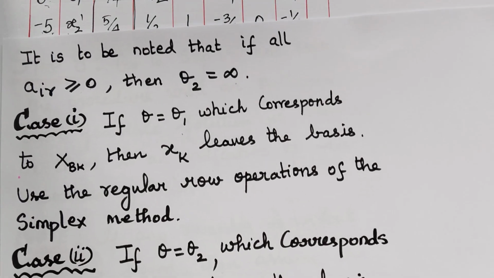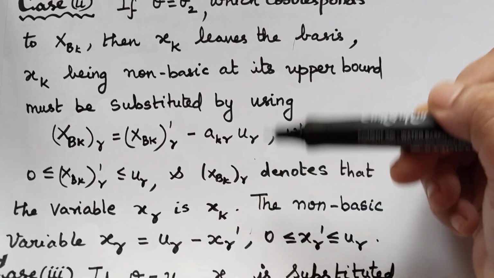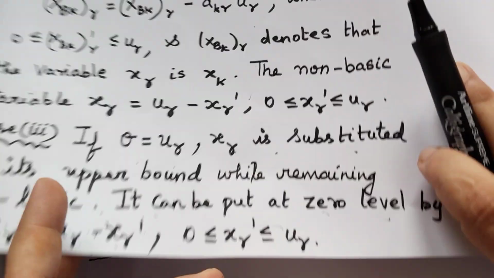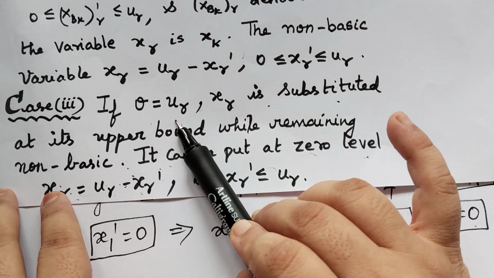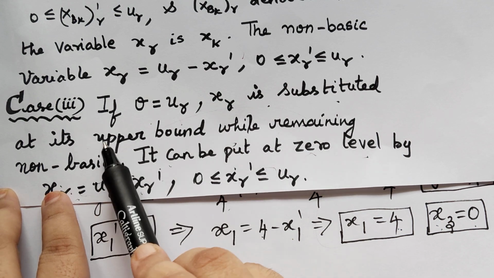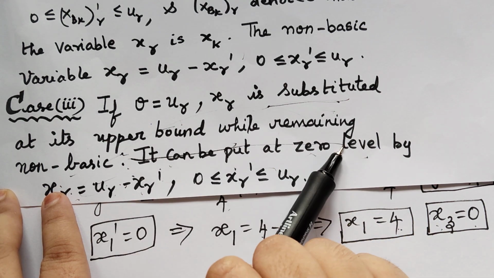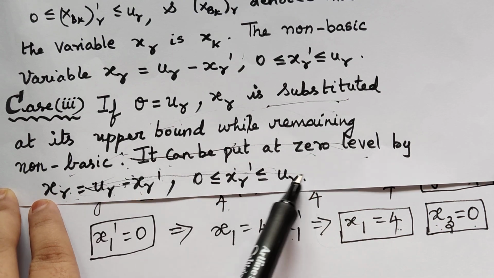If theta was equal to theta 2, then the case was different. We will be finding the leaving vector. If it was the third case, theta is equal to the upper bound, then we will make a substitution, and the basic variables will be updated by using this formula.